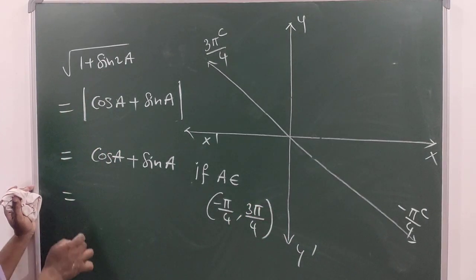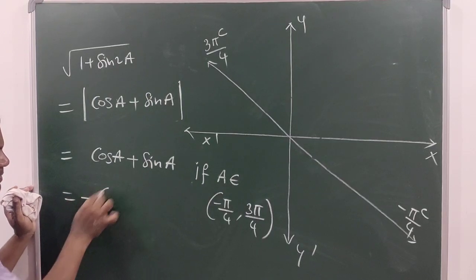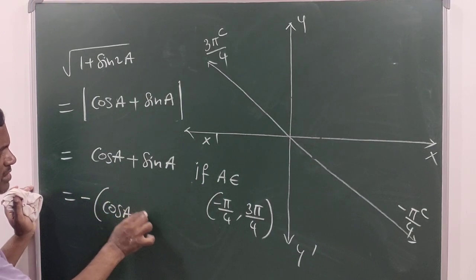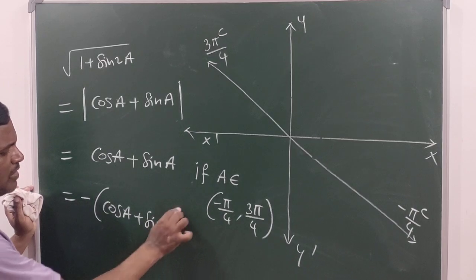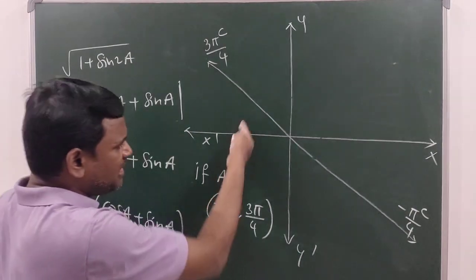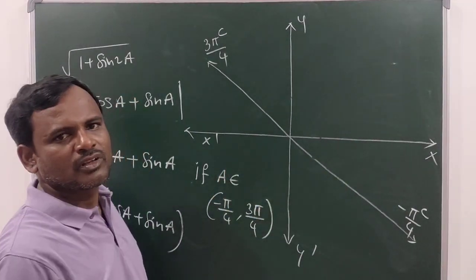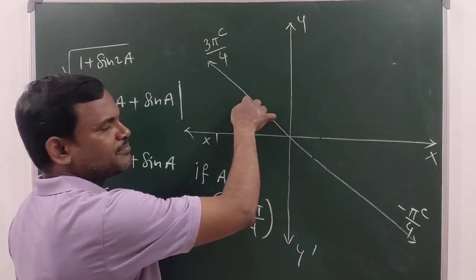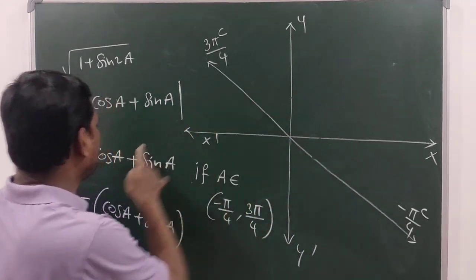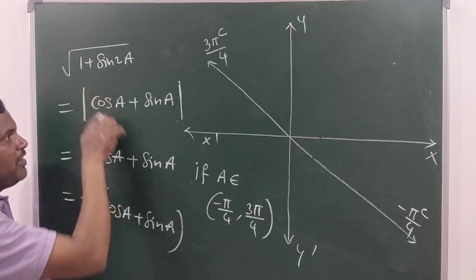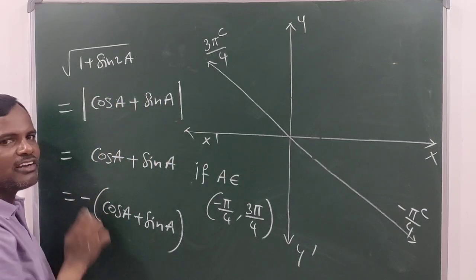And this is equal to minus cos A plus sin A. From where to where? In this interval. So this side. So we got positive. So that here when you remove this modulus symbol, I have taken cos A plus sin A.